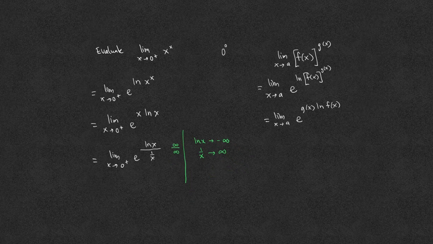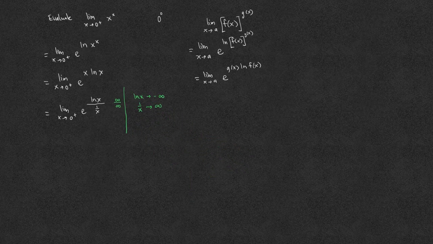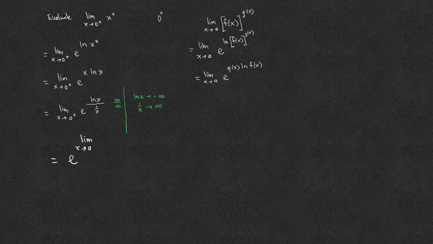We now rewrite this limit. Exponential functions are continuous so that we can move the limit inside of e, and then the limit as x goes to 0 from the right-hand side of ln of x over 1 over x. We will keep rewriting e, and then take the limit of the power.